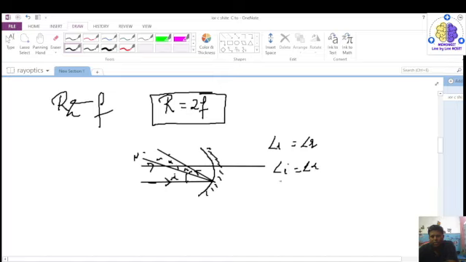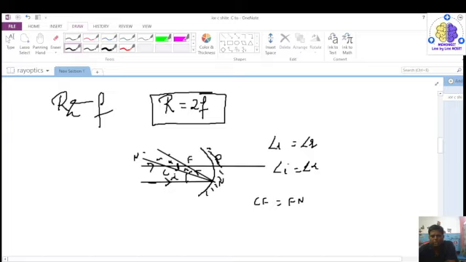Therefore, in these two triangles, let's say this is C, let this be F, and let this be N. So in the triangle CFN, the base angles are equal, and if base angles are equal, then CF will be equal to FN, let this be the pole P, because now the triangle CFN becomes an isosceles triangle.